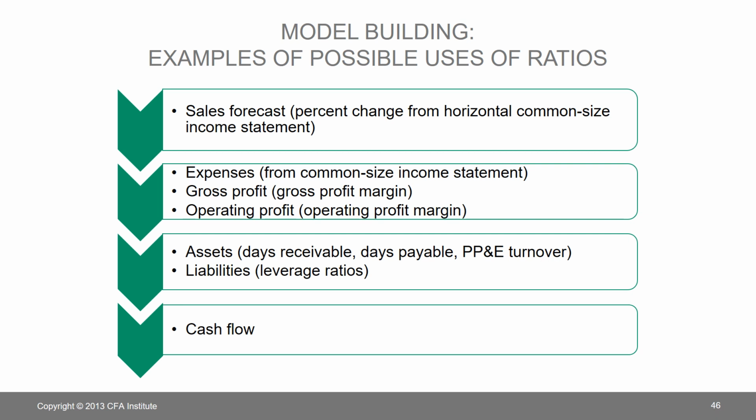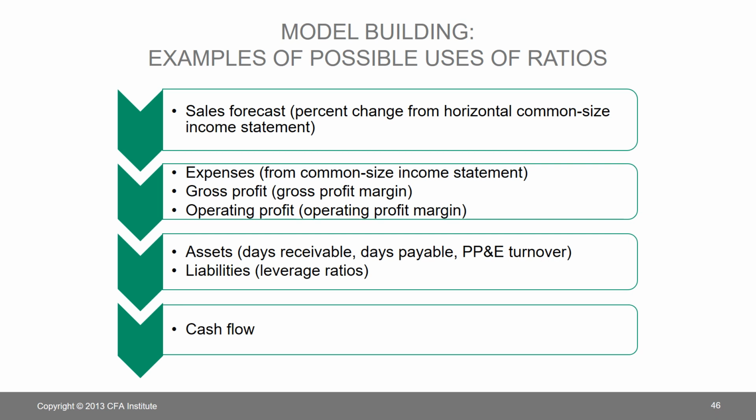The revenue forecast would generally be based on numerous factors, but one input to sales forecast can be percent change from prior year, as shown on the horizontal common size income statement. Then, to forecast income, an analyst can use ratios expressing the relationship between revenue and various items on the income statement.